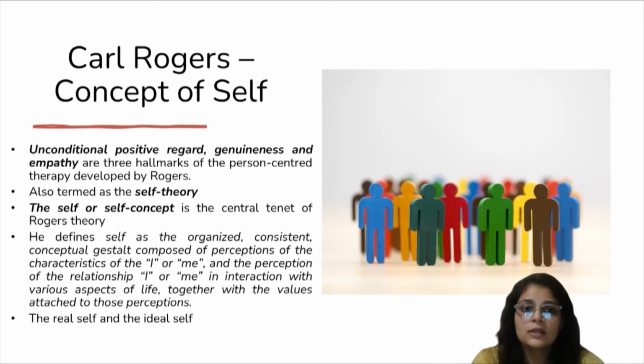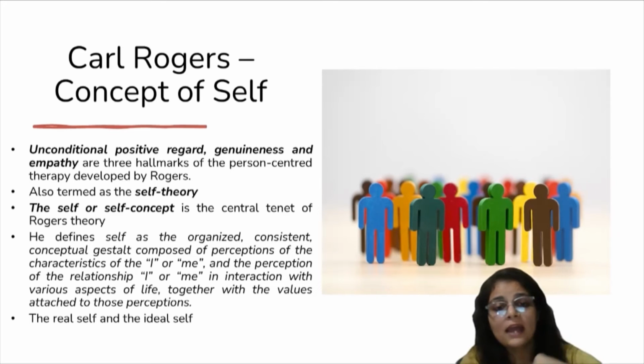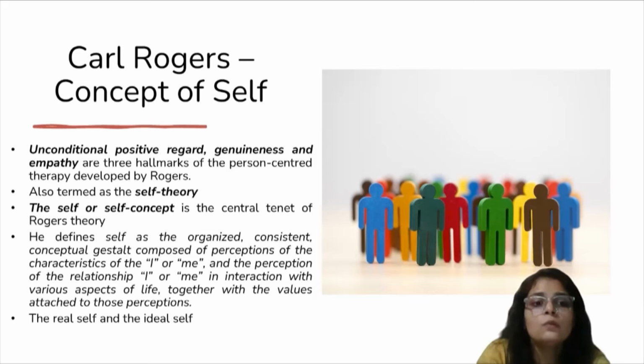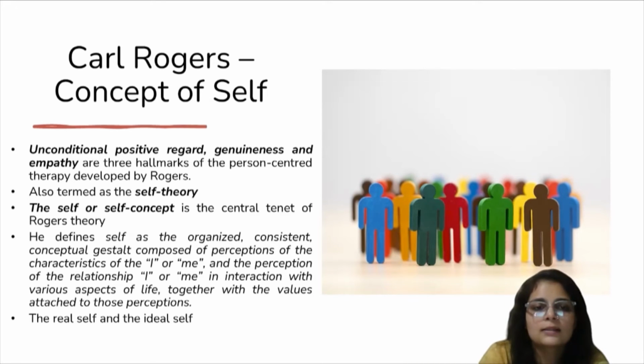So according to Carl Rogers, when a child is accepted without any conditions, he or she will develop into a healthy and fully functioning person, hence leading to a very healthy personality. Carl Rogers also introduced his therapy, known as person-centered therapy, in which unconditional positive regard, genuineness, and empathy are the three hallmarks.